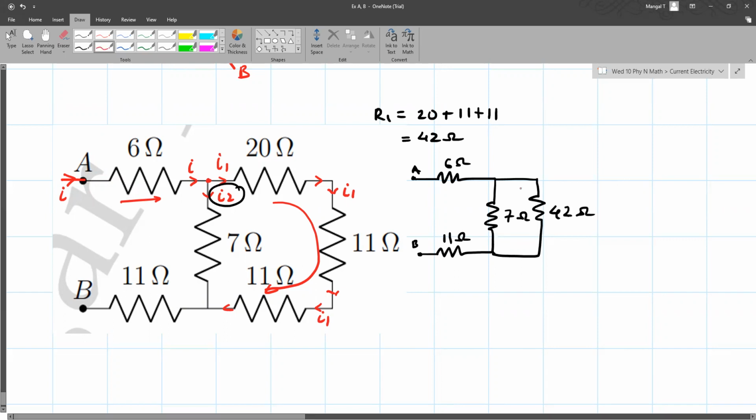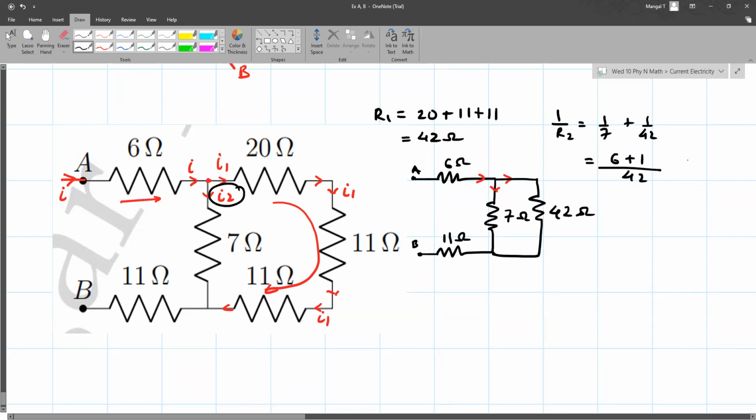So now this should be very easy to identify that these two are parallel to each other. So they are resistance. Now since I've used R1 already, I'll call this R2. So that is 1 by 7, 1 by 42.